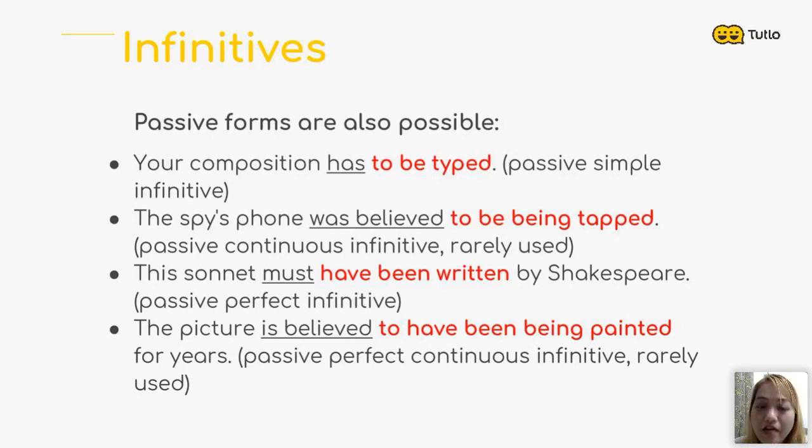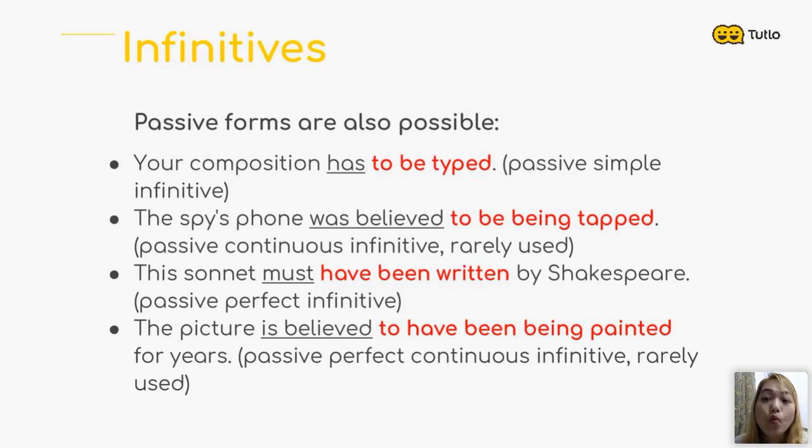If you noticed earlier in the first, maybe third slide that I showed you, there are forms of infinitives normally in active voice. So this is just telling you that we can also form a passive infinitive sentence. We're good? I hope that you're able to understand it.